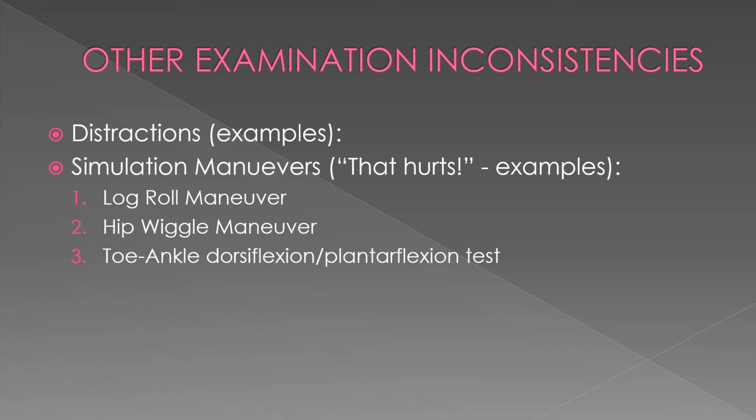That maneuver would be followed up with Bragard's maneuver, where you lower the leg a few degrees from the point of pain of the straight leg raise maneuver, and then you dorsiflex at the ankle, thereby reestablishing a stretch on those L5 and S1 nerve roots. This should reproduce pain, and this is known as Bragard's maneuver.